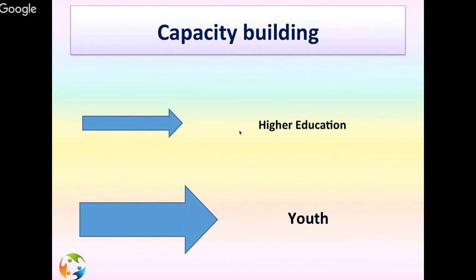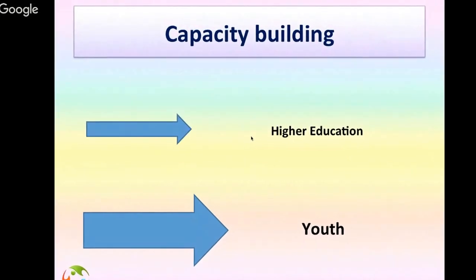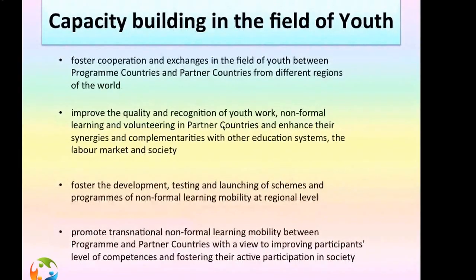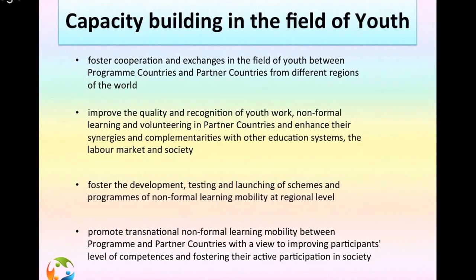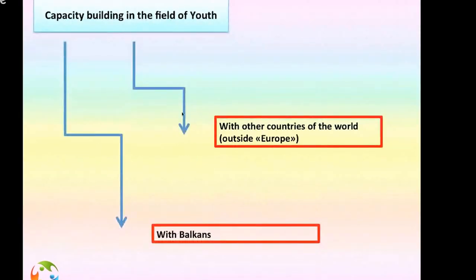Also here we have higher education, capacity building, and the youth sector. In the field of youth, we said what it is for, but you can have here another summary to refresh your memory. The specification for capacity building in the field of youth is that also Balkans can apply.